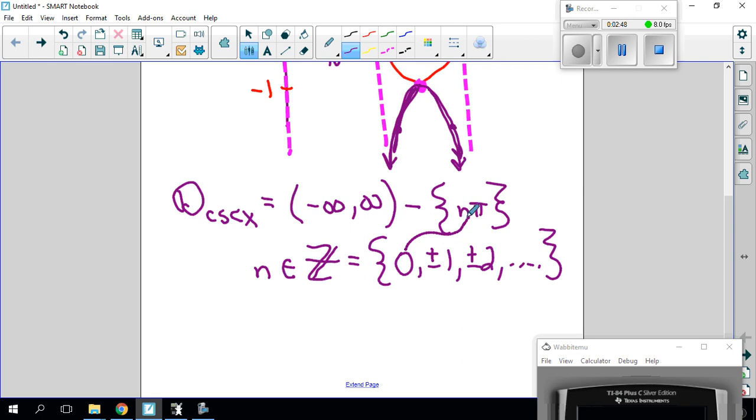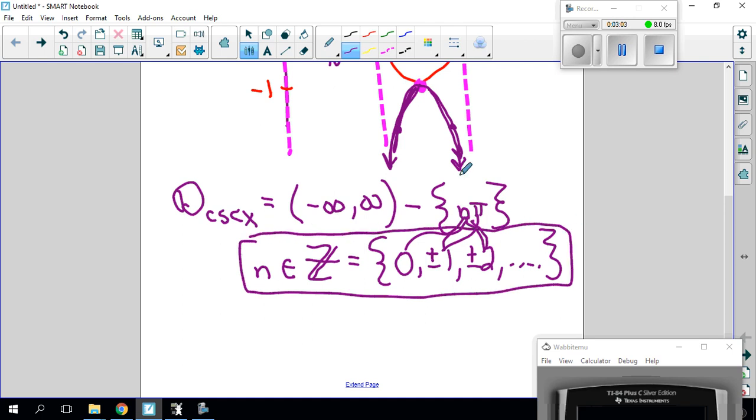So when you plug in a 0, it says 0 is excluded. When you plug in a 1, pi is excluded. When you plug in a -1, pi is excluded. Plug in a 2, 2 pi is excluded. -2 pi, 3 pi, -3 pi. Basically, nobody writes this though. It's assumed that n is an integer.